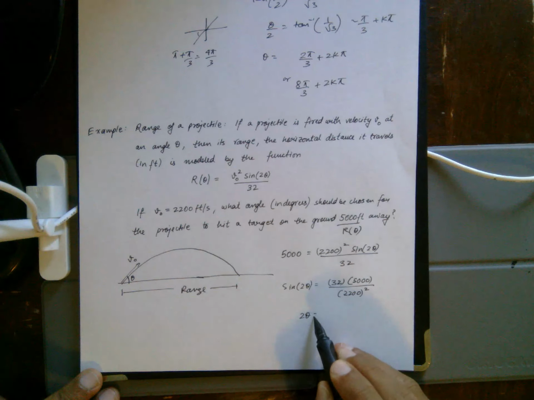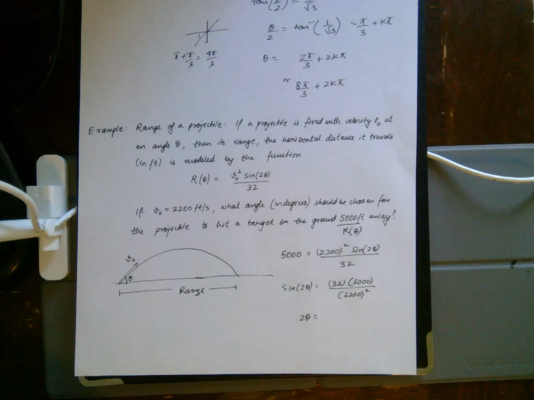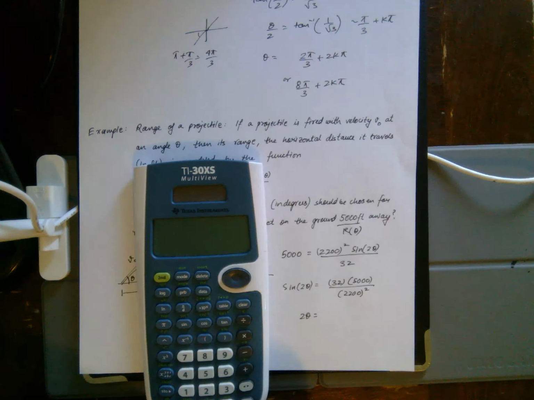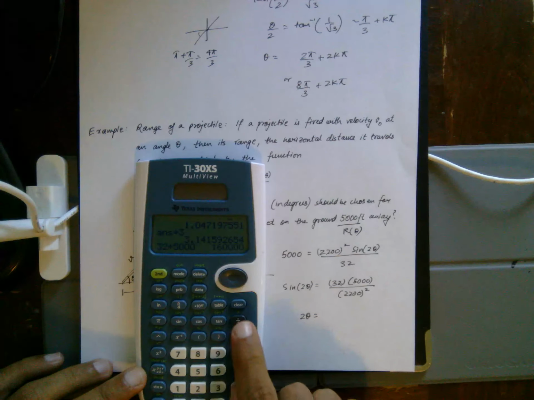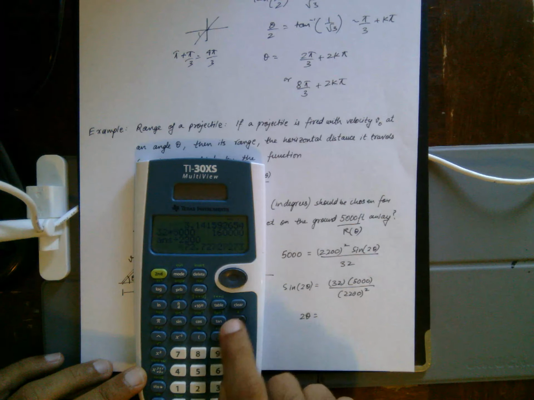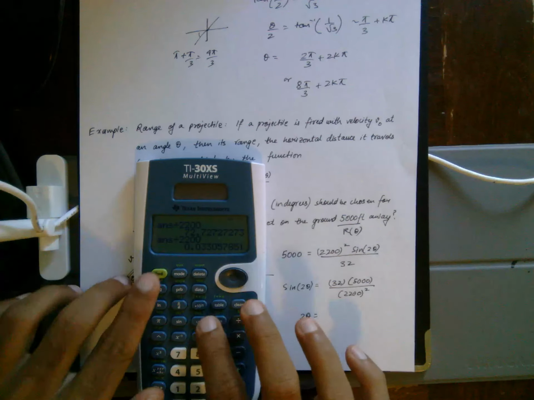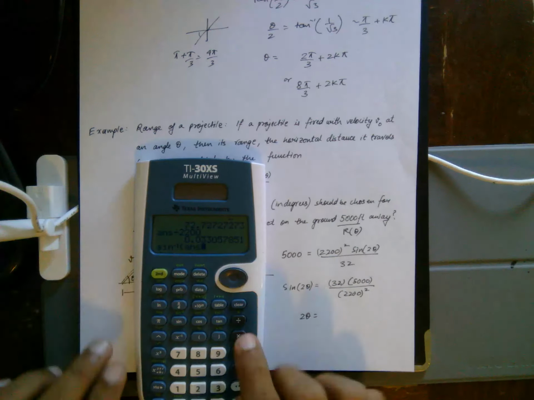And that gives you 2 theta as being equal to sine inverse of whatever that comes out to. Let's see what it is. 32 times 5000 divided by 2200 divided by 2200. Sine inverse of that value.